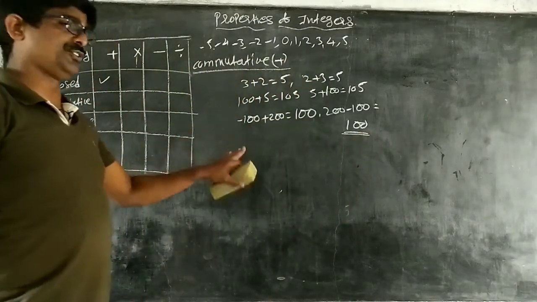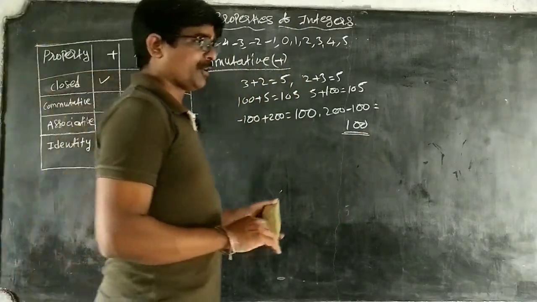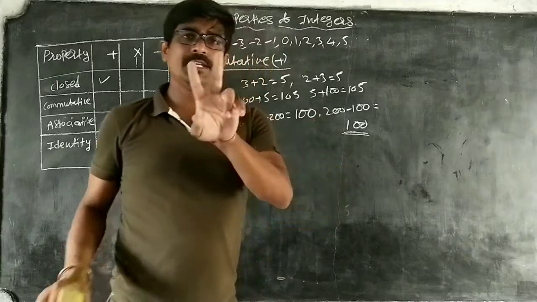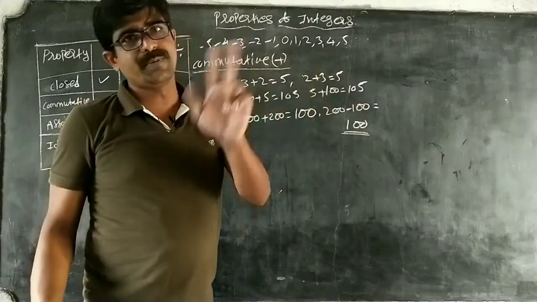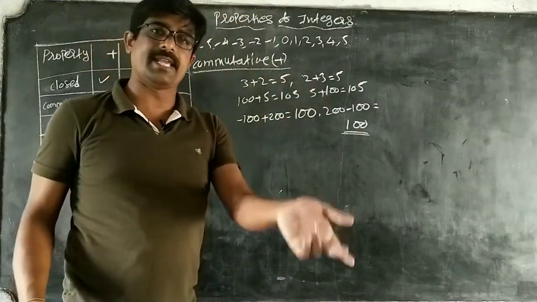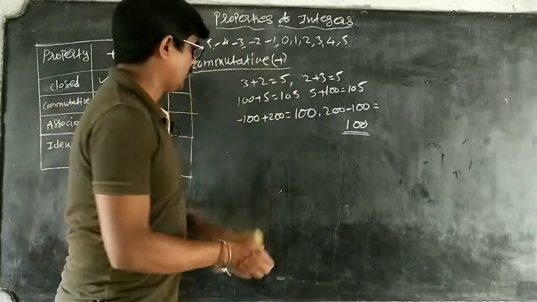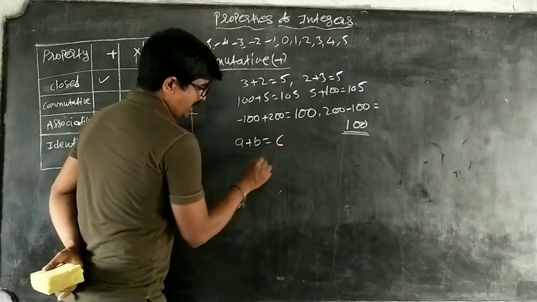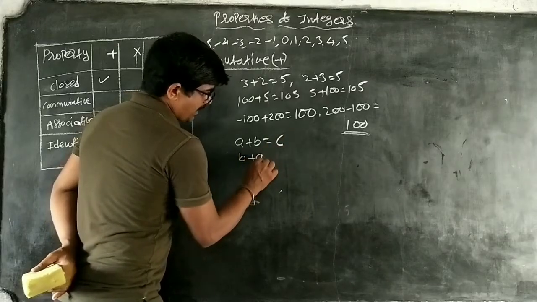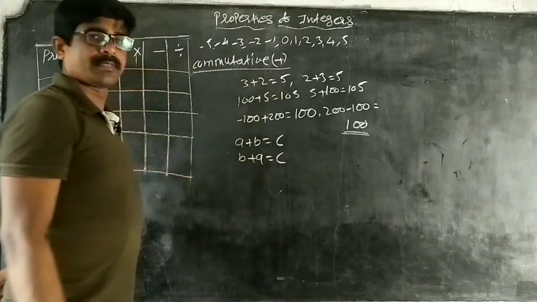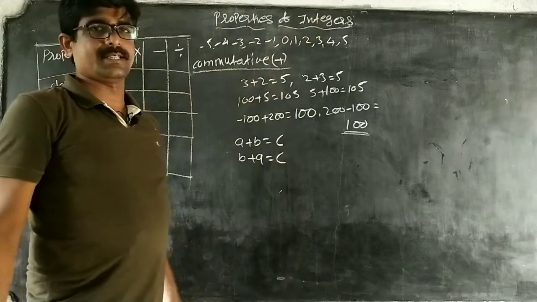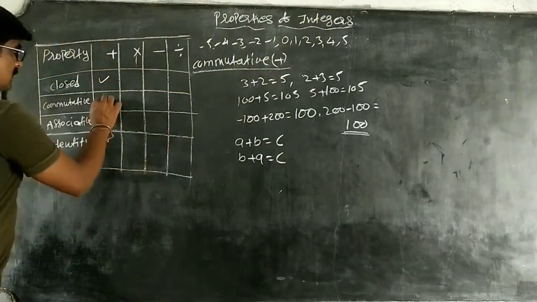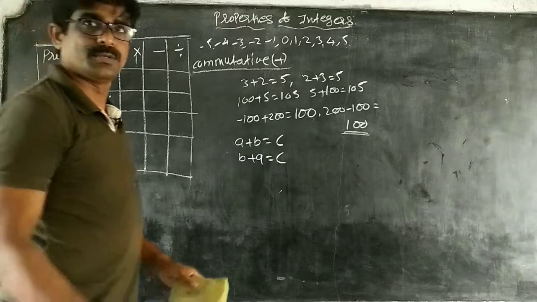So this is the commutative property. It means adding any two numbers, a plus b or b plus a, the answer should be equal. In general, we write a plus b is equal to c, then b plus a is also c. This is for integers, so integers are also commutative.